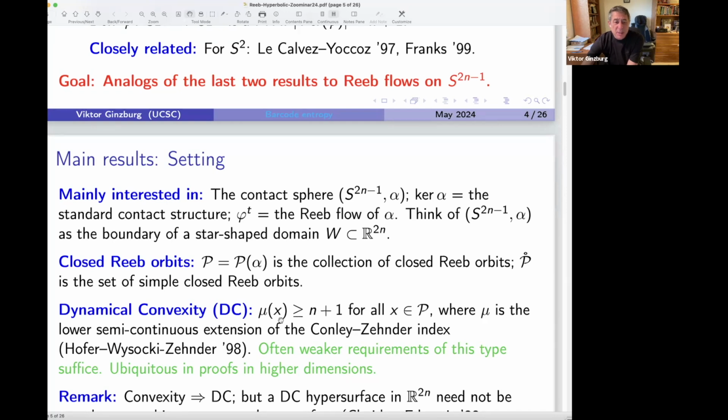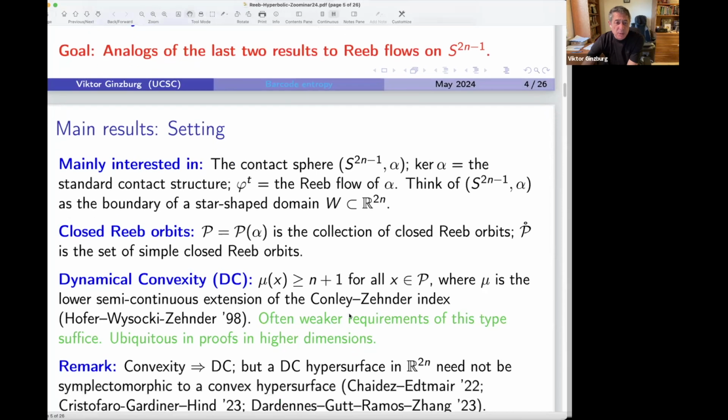Literally it means that the Conley-Zehnder index of every orbit is bounded from below by n+1 when we are looking at the 2n-1 dimensional sphere. For instance, for the 3-dimensional sphere, it should be 3. But sometimes people use weaker versions of dynamical convexity, but I'll get back to it.